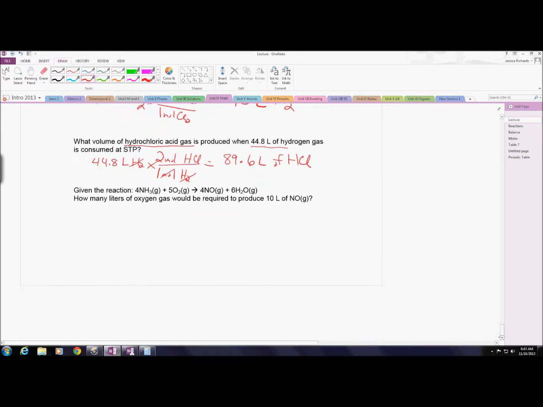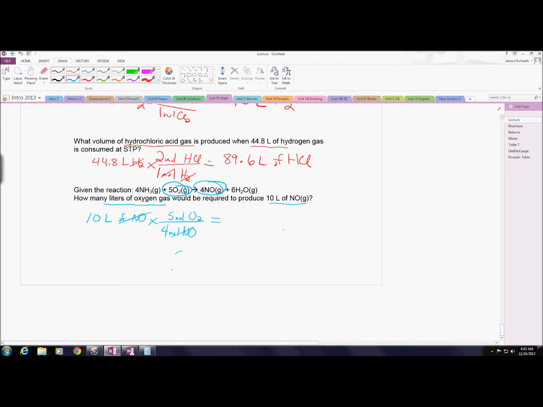One last problem using the shortcut, and then we're done for lecture D. Yay! How many liters of oxygen gas, and there's oxygen, would be required to produce 10 liters of NO, and there's the NO. So we're starting with 10 liters of NO gas. Since we have a gas and we're looking for a gas, we have liters, we want liters, we can use the shortcut and just say there are 4 moles of NO for every 5 moles of oxygen, and I took that from the equation.